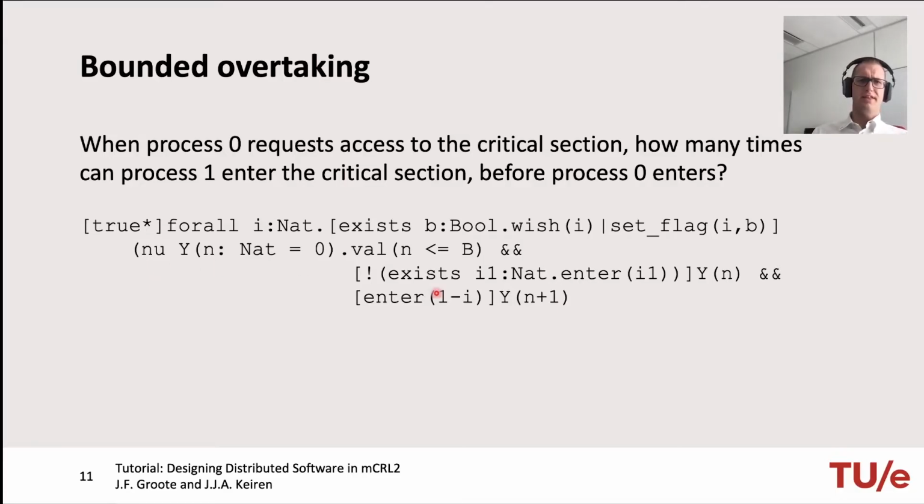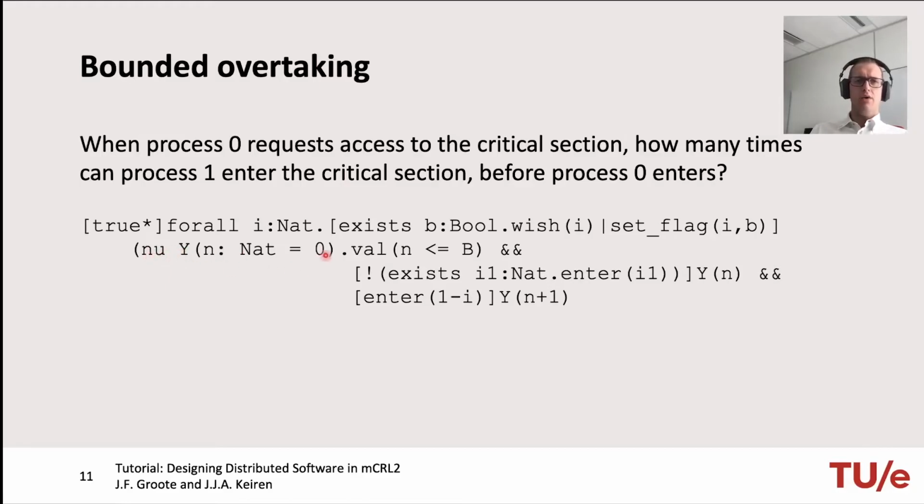And we can say that process 1 can enter b times before process 0 enters. And we do that as follows. We say that always, whenever process I wishes to enter its critical section, then we start counting the number of times the other process enters. And we do that by keeping track of this number of times in the parameter of this fixed point.